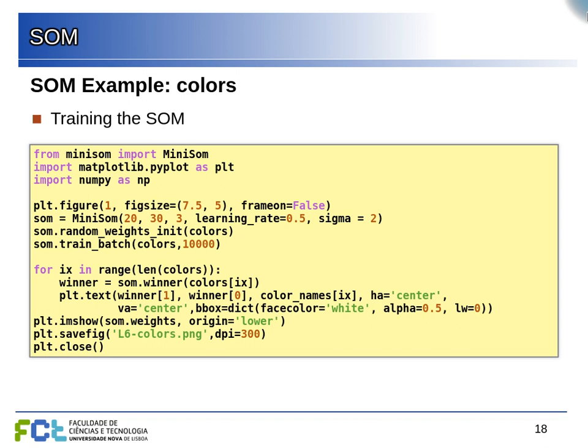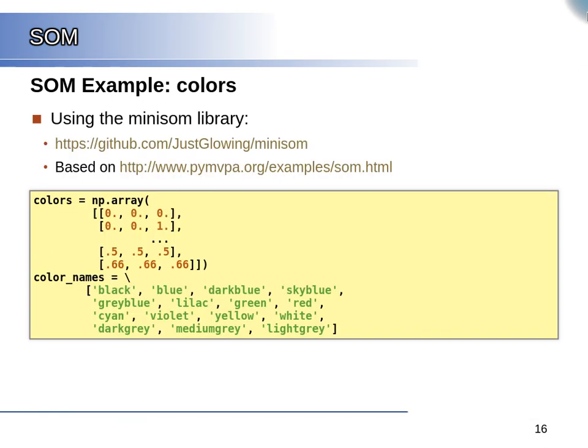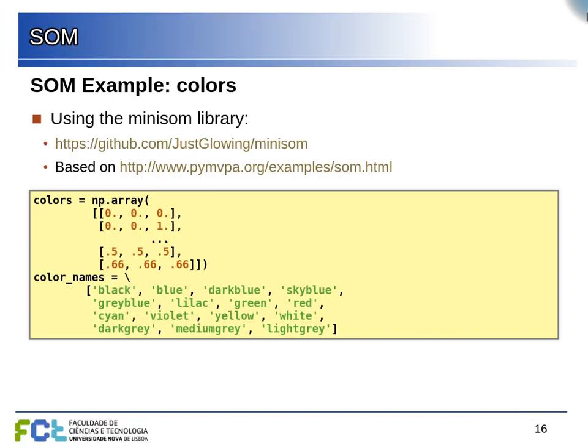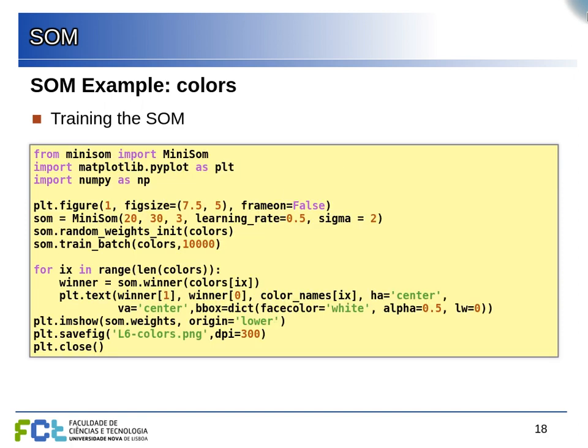We specify the learning rate and the neighborhoods in the grid that it's going to use to pull neighbor neurons. We initialize the weights, and then we train with 10,000 batches by passing all these colors through the network 10,000 times. Okay. And now we can represent the results and plot the names of the colors in the location of the neuron that is closest to each color.